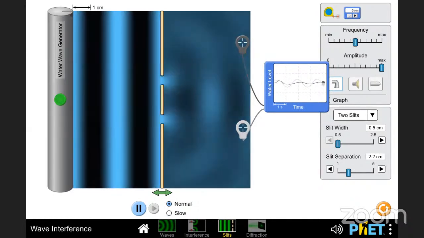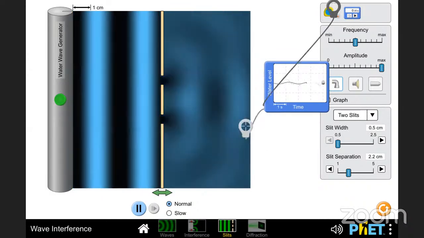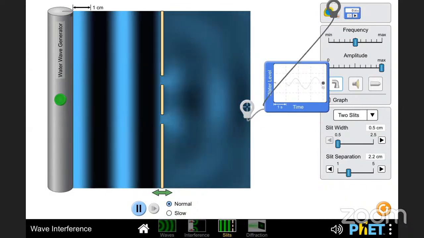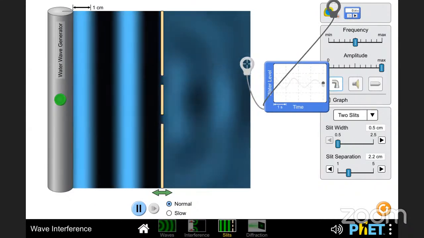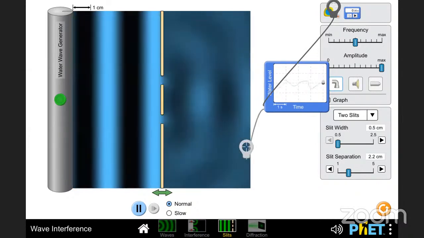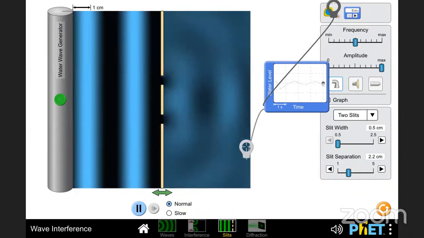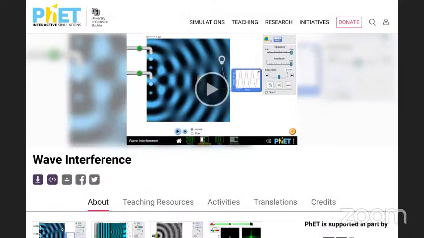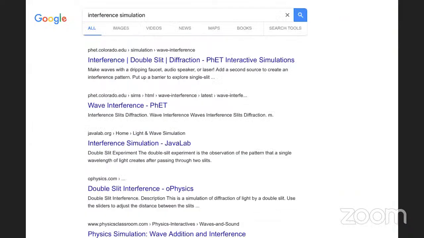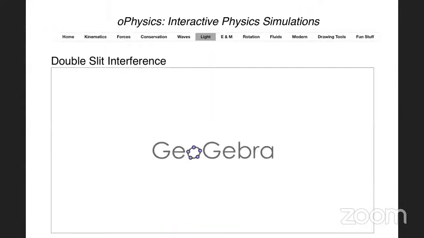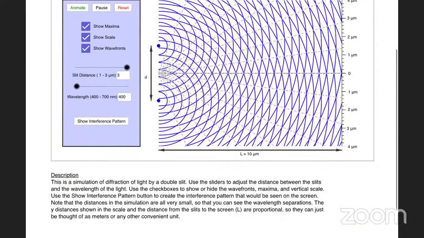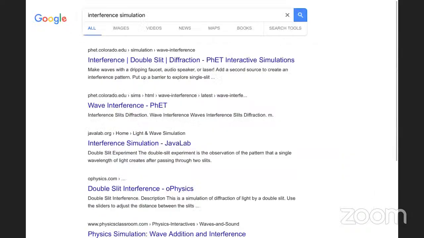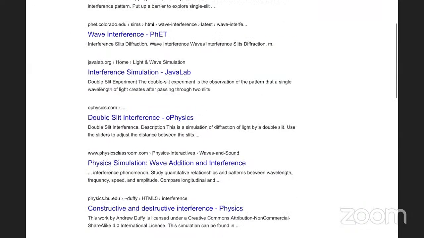So what I'm trying to do here is, along this region, see if we could find constructive and destructive. All right, forget the simulation. Look at here.